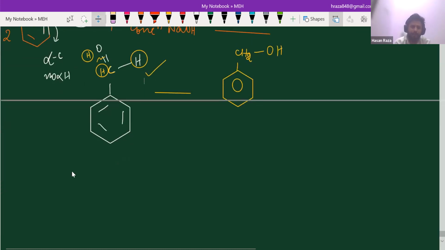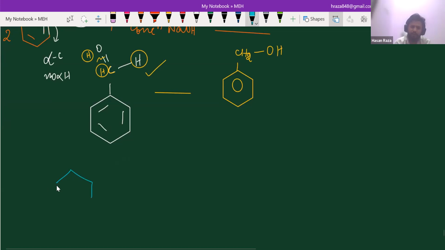Yes, sir. Now see another, since we have 2 moles of this aldehyde, this aldehyde will be converted into carboxylic acid salt.